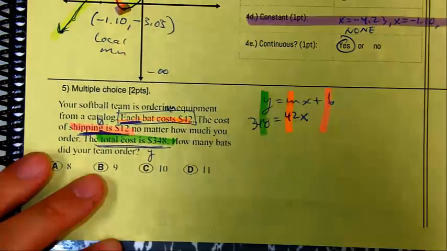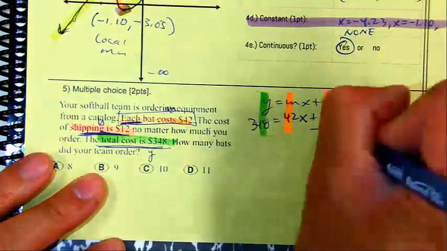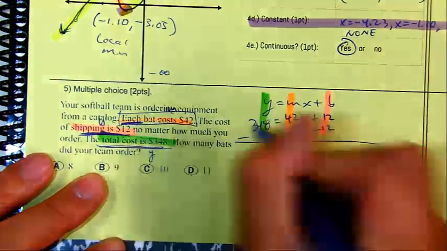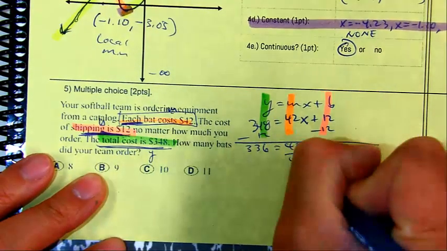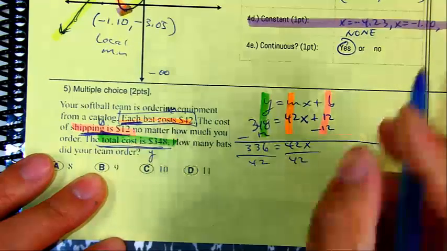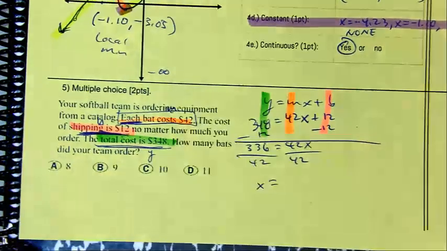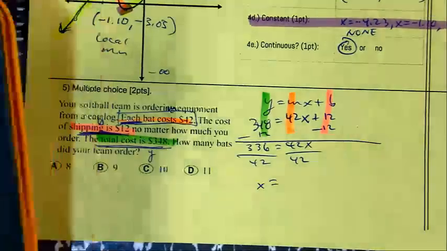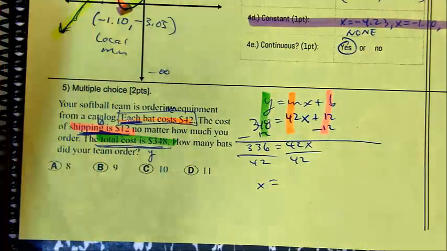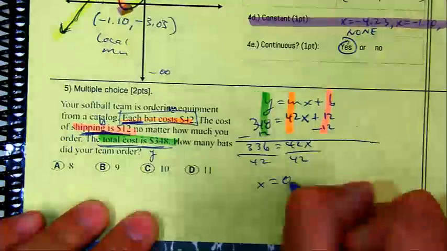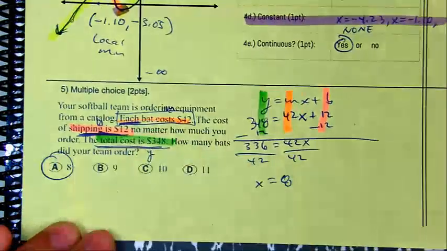It's always going to cost $12 total. So if I subtract 12, I get 336 equals 42x, divided by 42 on both sides. Then we can order eight bats. And that would be choice A is our answer.